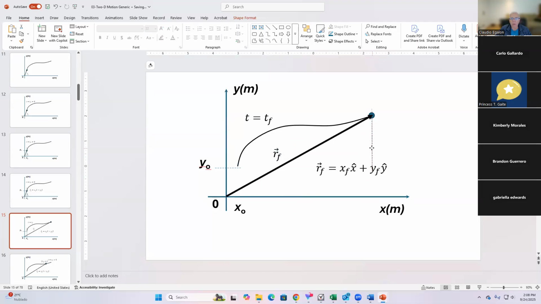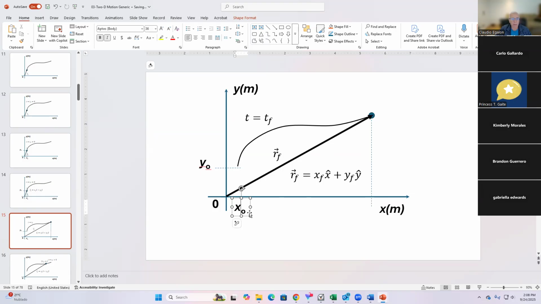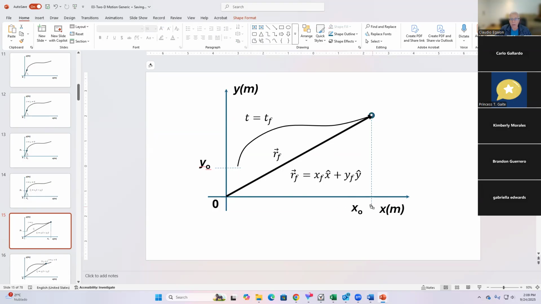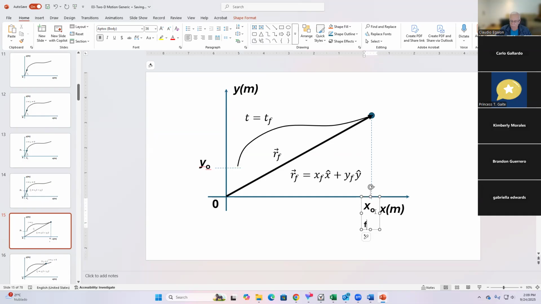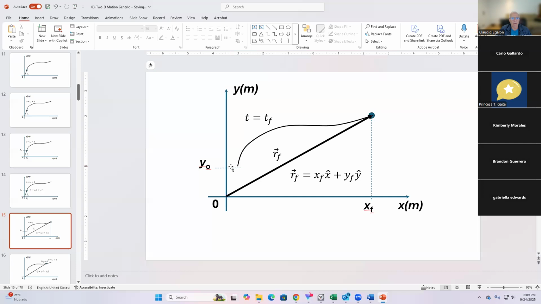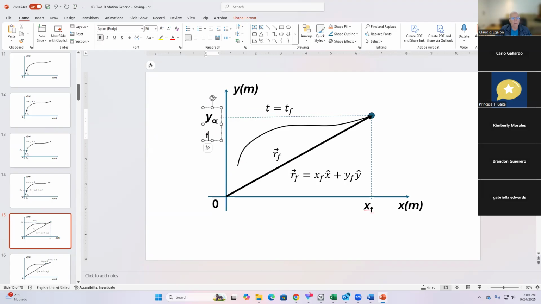And the coordinate points, the Cartesian coordinates of this specific point is going to be xf, yf.